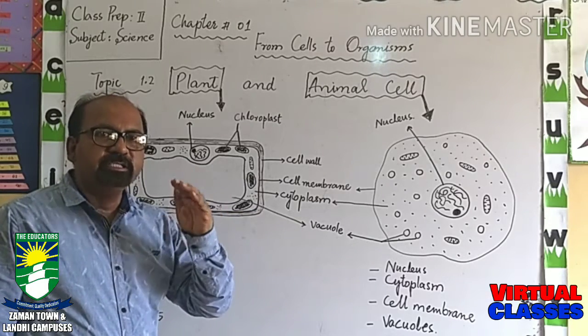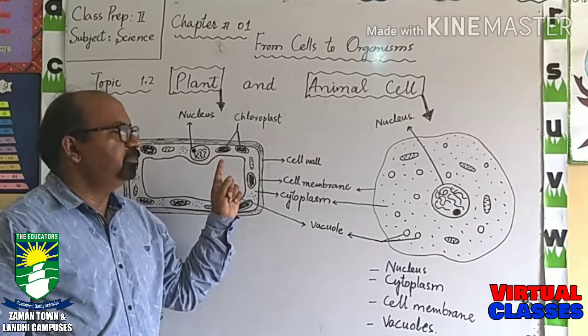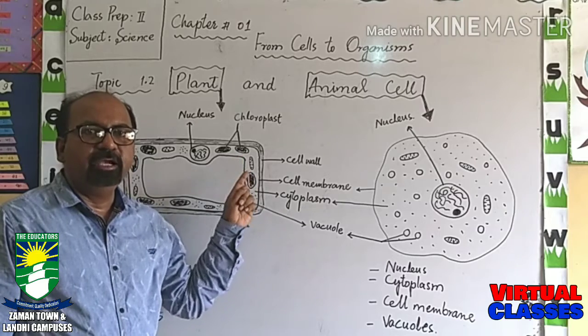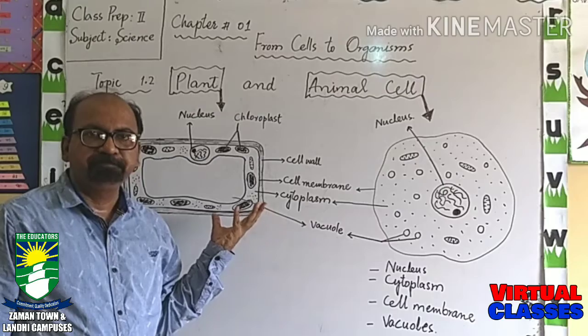So the photosynthesis is a process in which plants prepare their own food with the help of chloroplasts and water and mineral in the presence of sunlight.